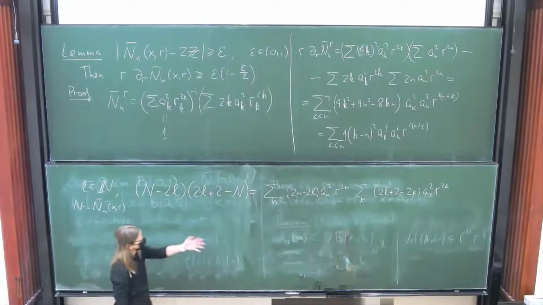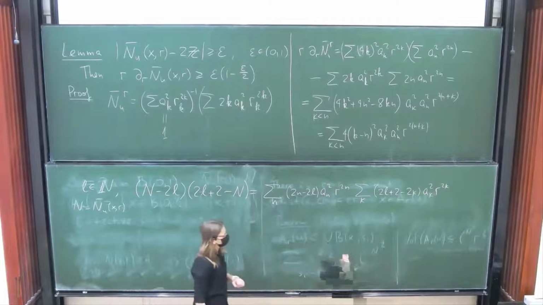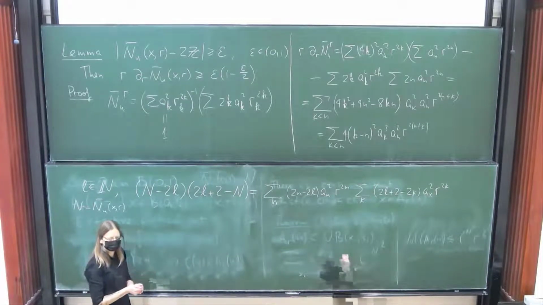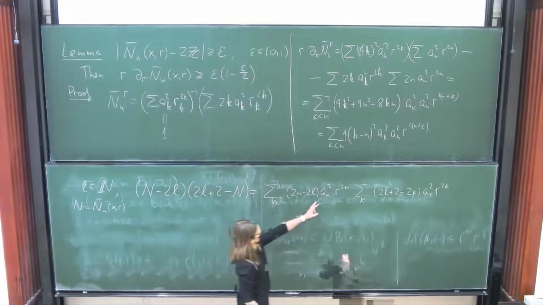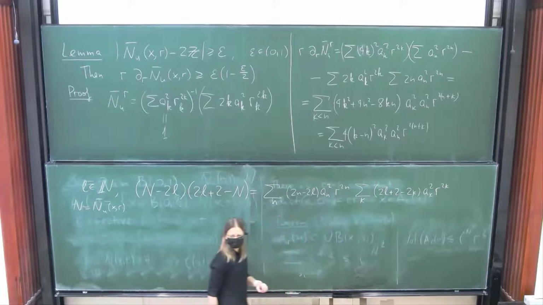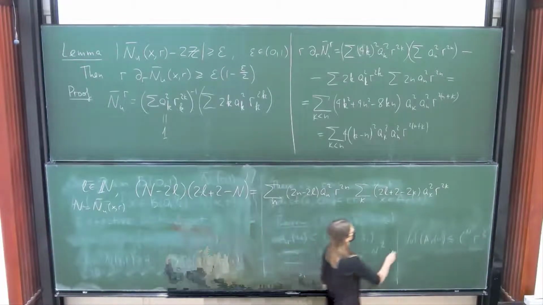When we open the brackets here and look at pairwise products, it's easy to see that the terms with the same index, when n is equal to k, will have a negative factor. So I can forget about those.